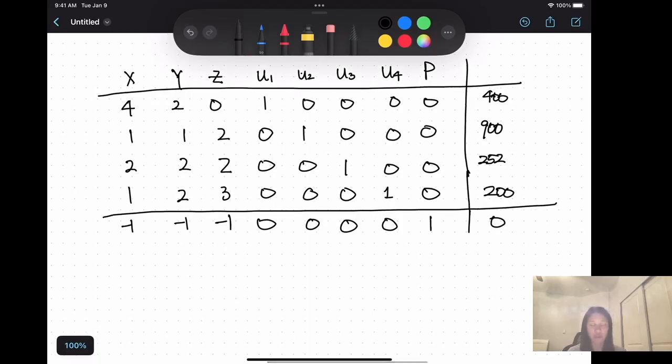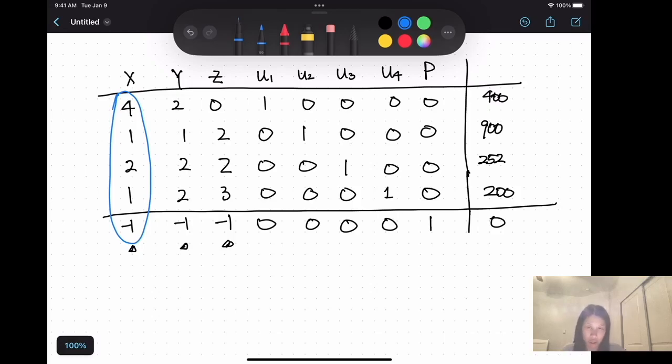First you need to find the pivot column. You need to find the largest negative number, which is the smallest number. Since these three are all the same, you can pick any one as your pivot column. I am going to pick this one; it doesn't matter.